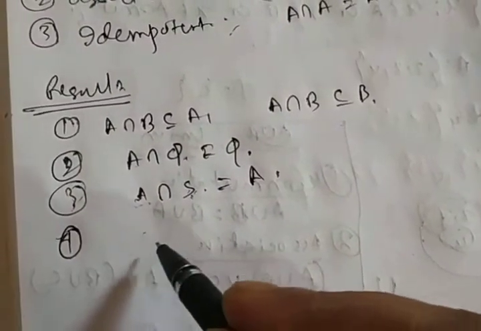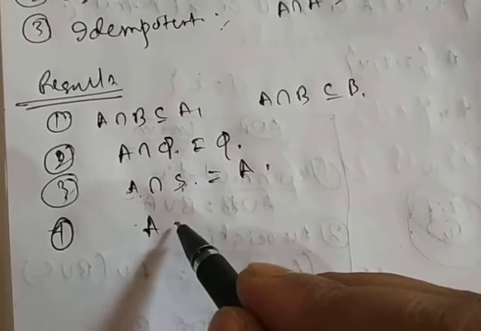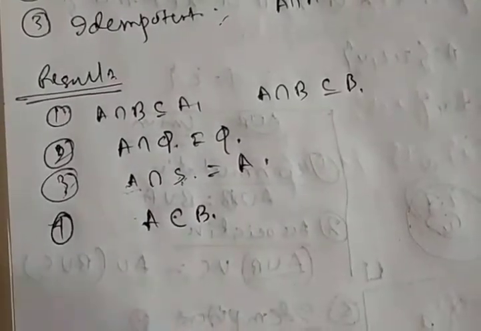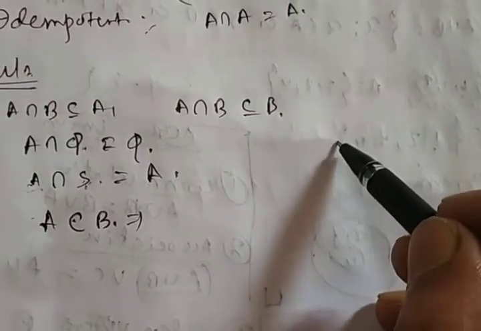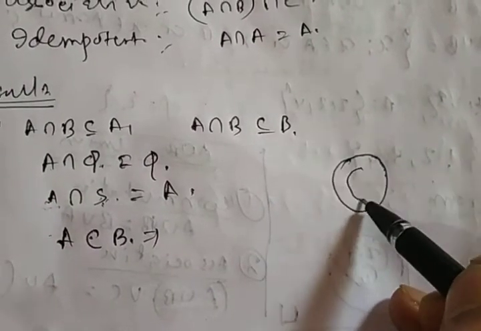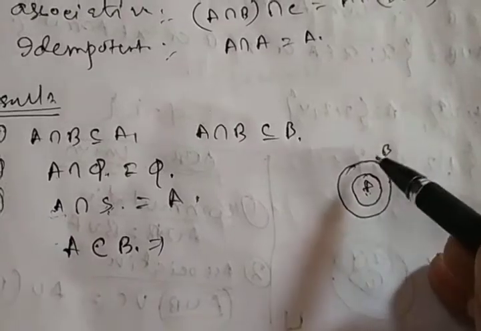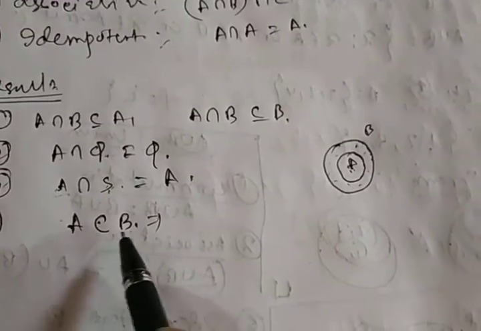Fourth, A subset of B implies A intersection B equals A. If A is a proper subset of B, then in the Venn diagram B will be the outer set and A the content inside B. All elements of A belong to B, but there exists some element of B which does not belong to A. This is the definition of proper subset.